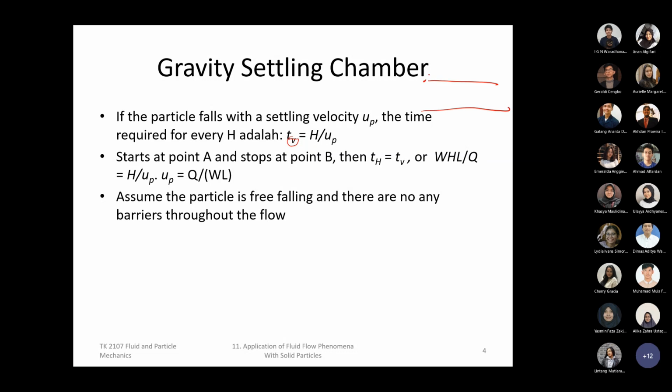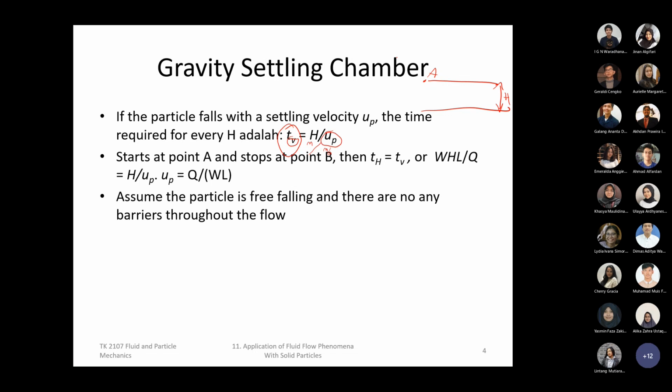What happens if I have particle A at the top at the entrance of my chamber, and I know that the height of my chamber is h meter? Then the time required for the particle to settle is simply the height in meter of the chamber divided by the meter per second of the particle in the vertical direction.